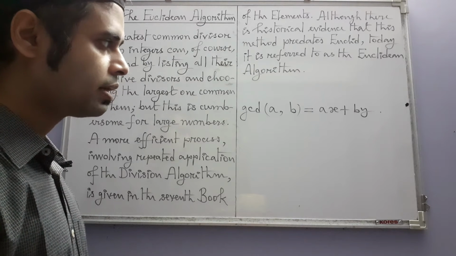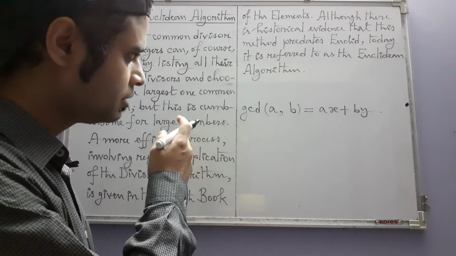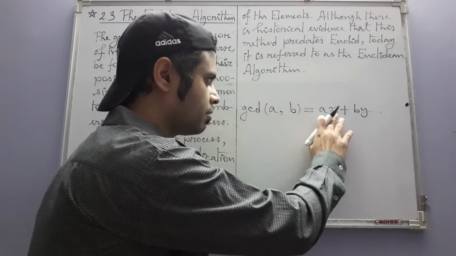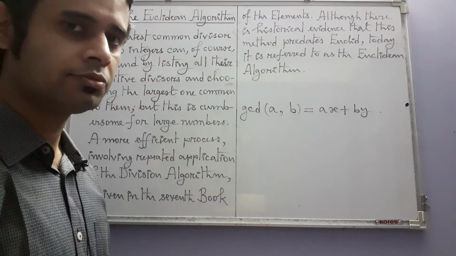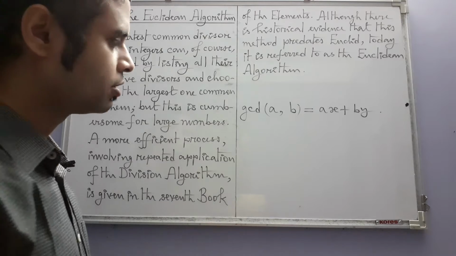That is, if a and b are given to us, then some integers x and y can be found for which the GCD of a and b will be a linear combination of a and b with those integers as coefficients.